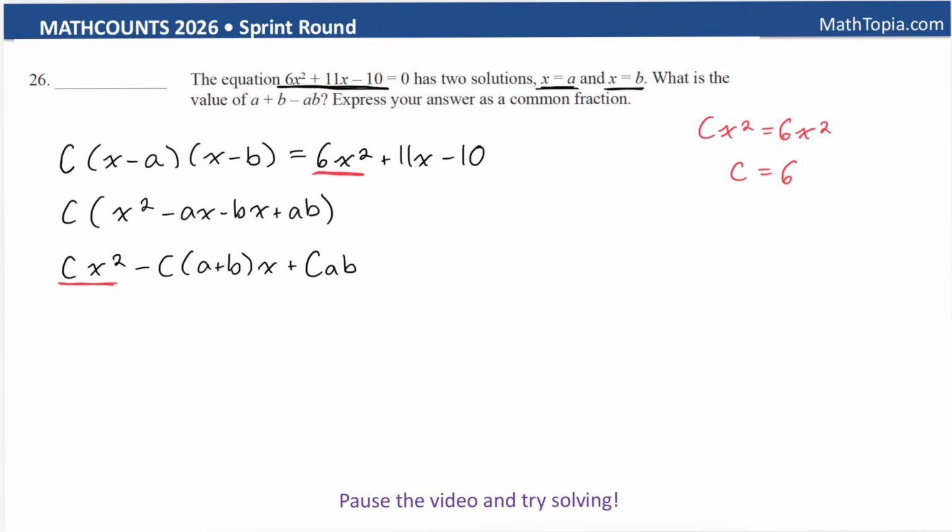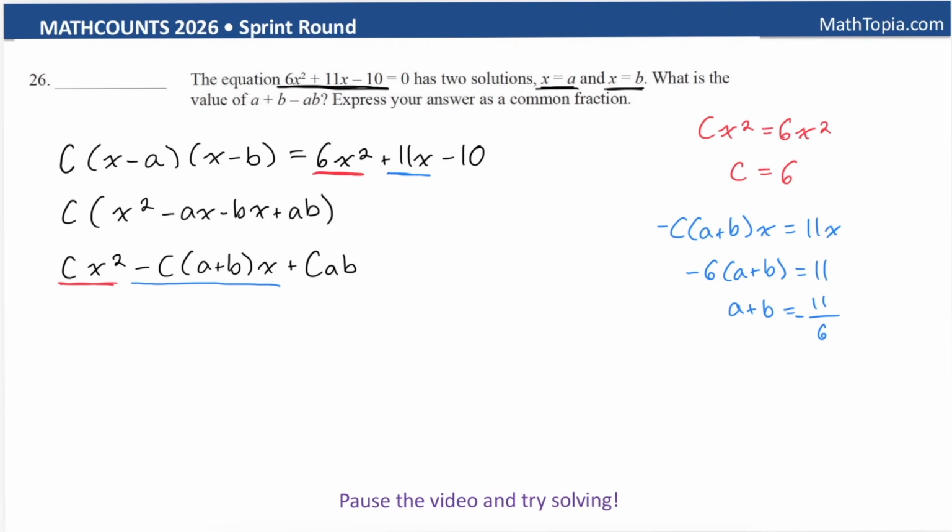Then for our x term, we have negative c times a plus b x is the same as 11x. We know that c is 6, so negative 6 times a plus b equals 11, and we have a plus b equals negative 11 over 6.